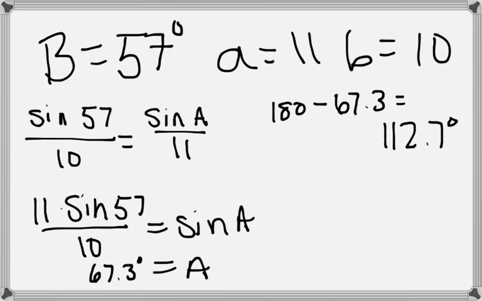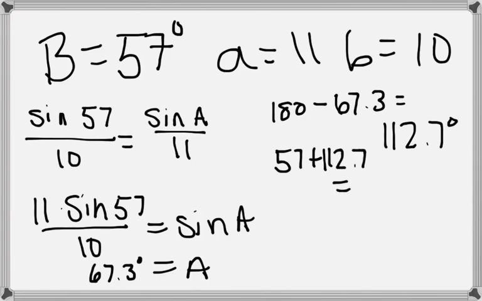So how are we going to check that? We need to add the angle that they started with to this number to see if there's room for a third angle. So my original angle, 57, plus 112.7.